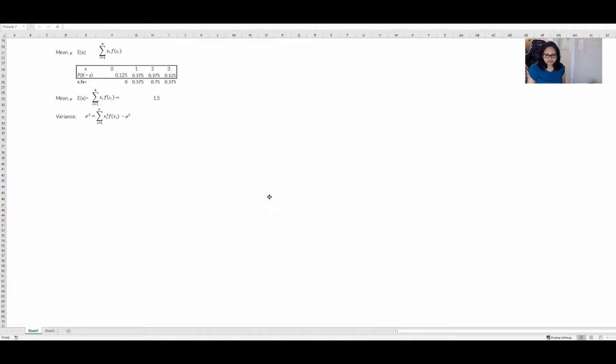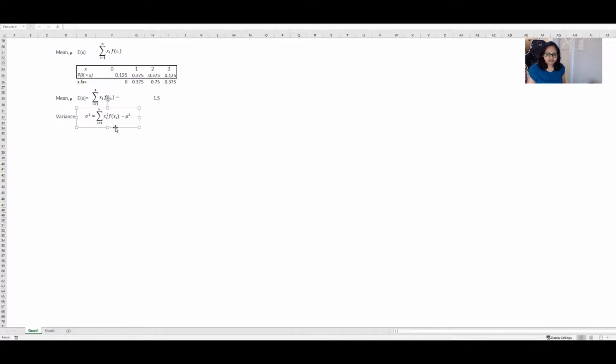For us, we are using the equation I showed you. So we have to use the probability distribution table we have, and using this probability distribution, we take the random variable values, square them, and then multiply by the associated probability.